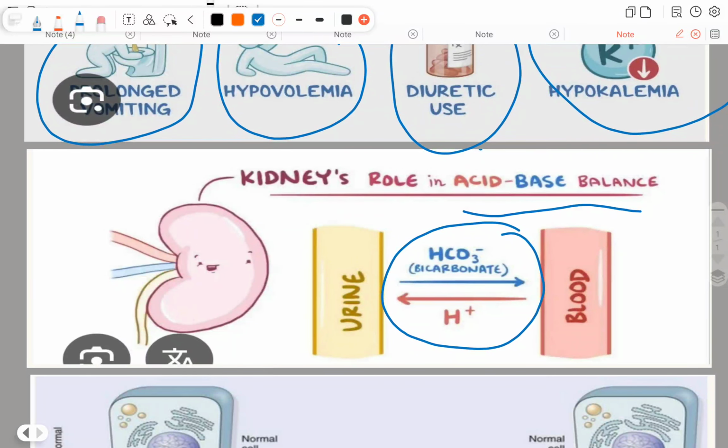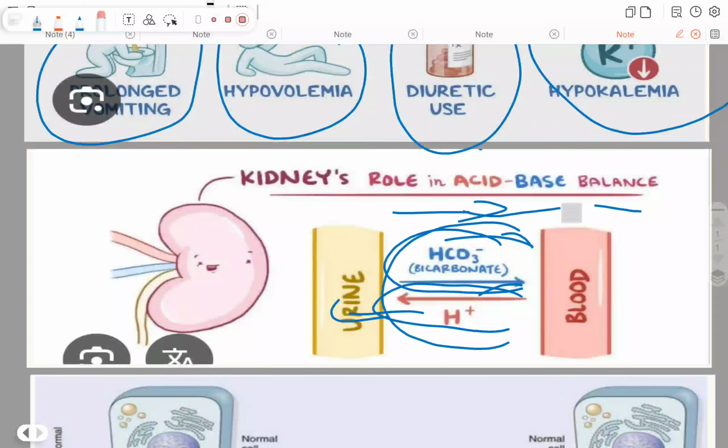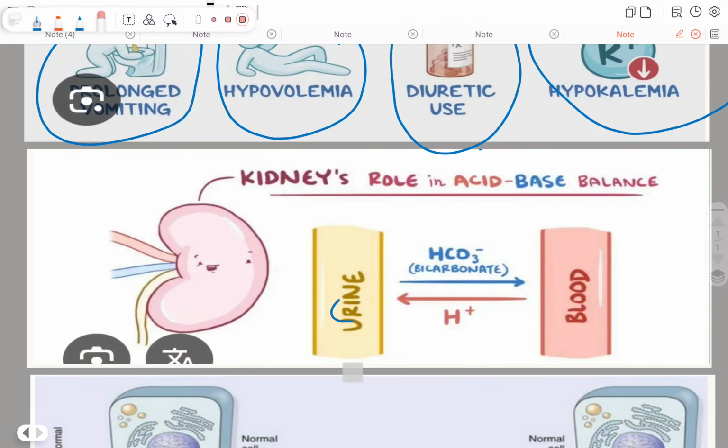Look at that. If the patient has acidosis, the kidney tries to reabsorb bicarbonate into the bloodstream and tries to excrete hydrogen into the urine. By this way the kidney will decrease the amount of hydrogen in the bloodstream.